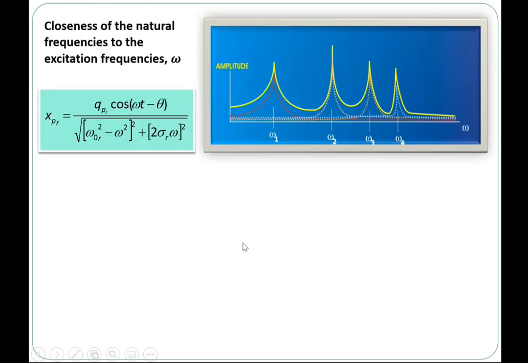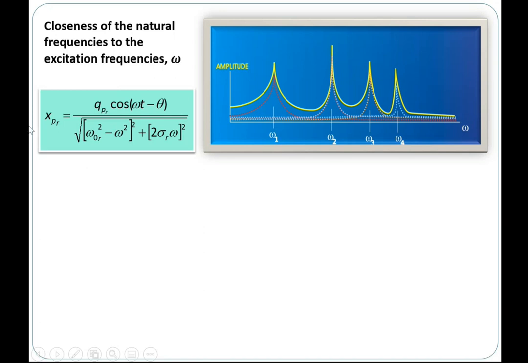The first one is the closeness of the natural frequency to the excitation frequency. This is the theory behind it. If you are looking into a discrete or multiple degree of freedom equation, then you can derive this, which you have learned in mechanical vibration for single and multiple degrees of freedom.